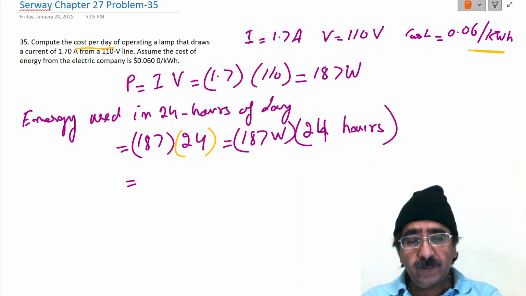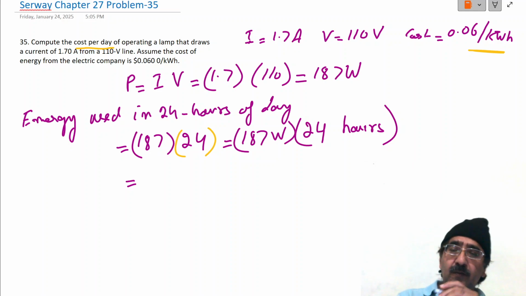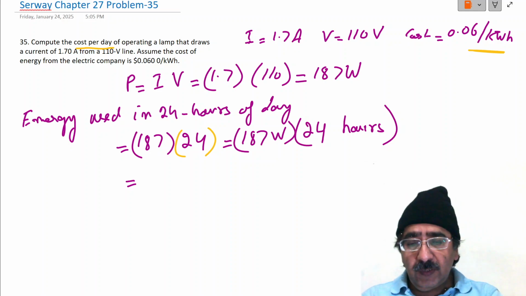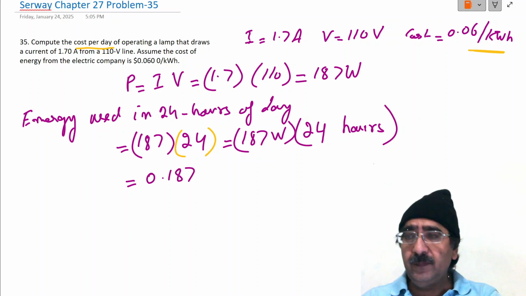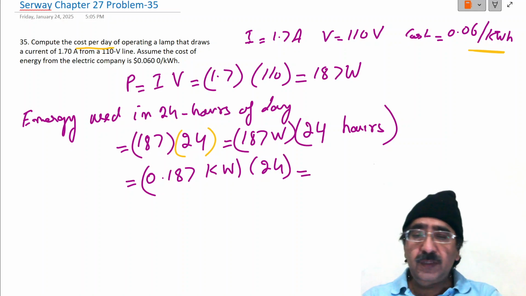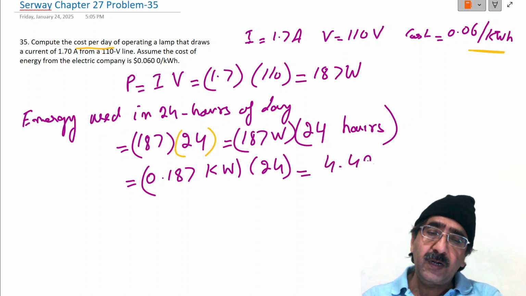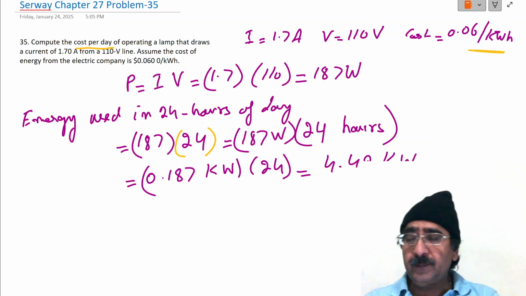So firstly we have to convert this watt into kilowatt, so that must be 0.187 kilowatt, multiplied by 24. So the answer is 4.49 kilowatt hours.